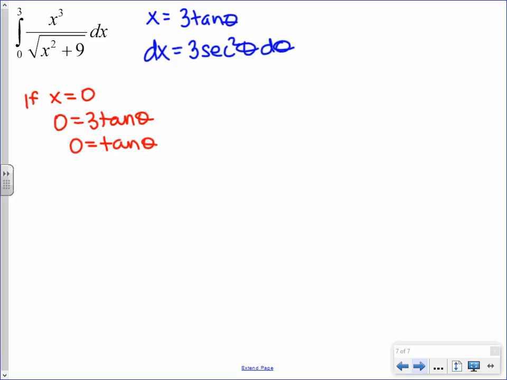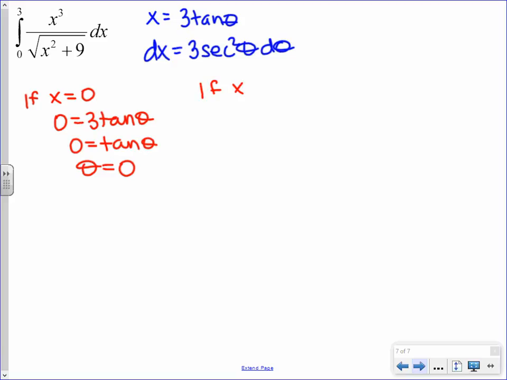Same thing for y equals 0. So we'll stick with the first one, theta equals 0. If we rotate from 0, we go to the first one that it hits as you rotate. Okay.